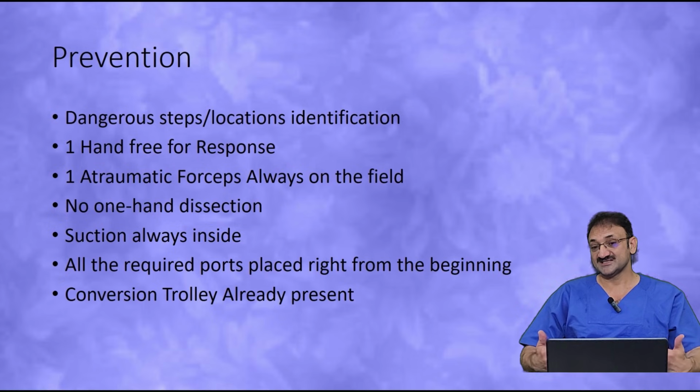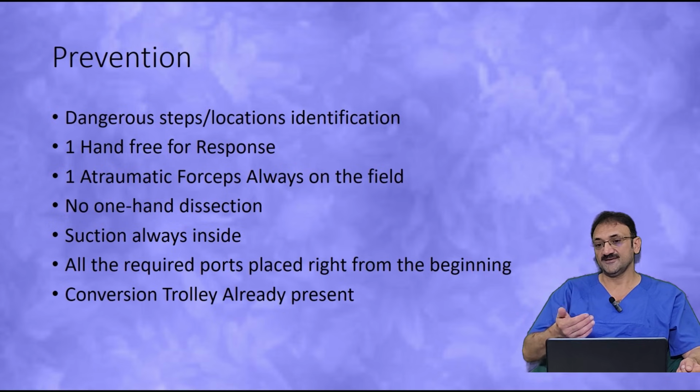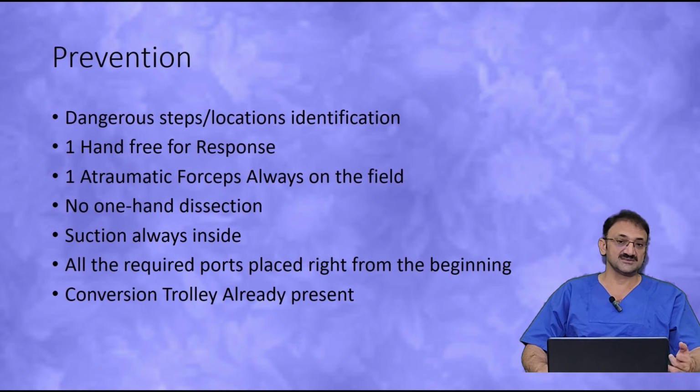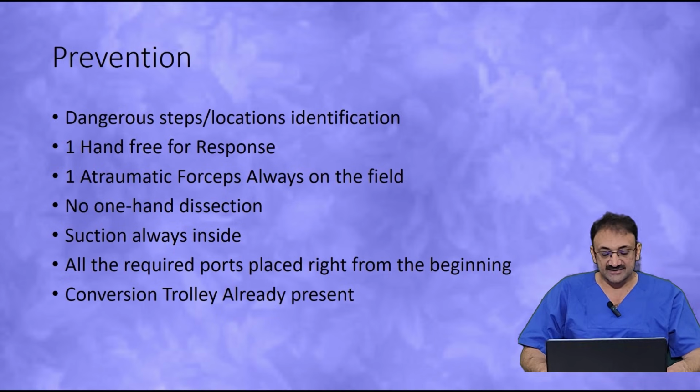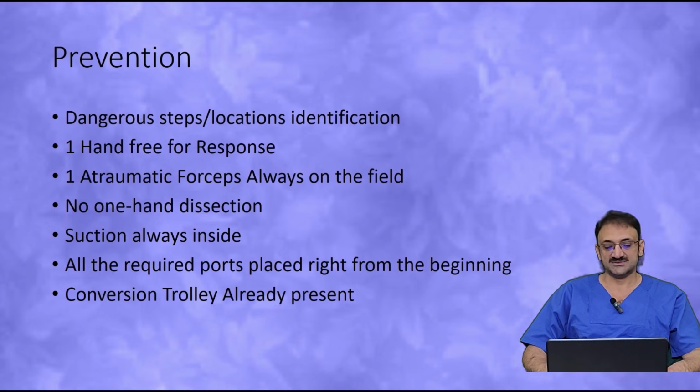So while dissecting that area, if you are going medial to the gonadal vein, and especially the adrenal vein, then you must be really very careful, because that is the location where superior mesenteric artery will be. So identification of the danger steps and location must be there in your mind if you want to prevent the complications.